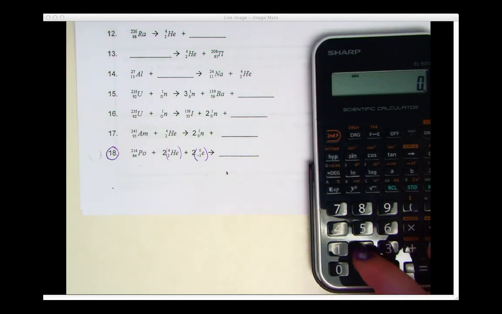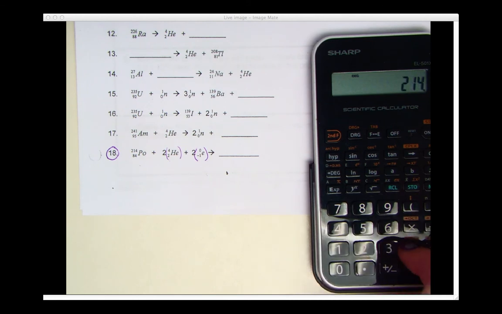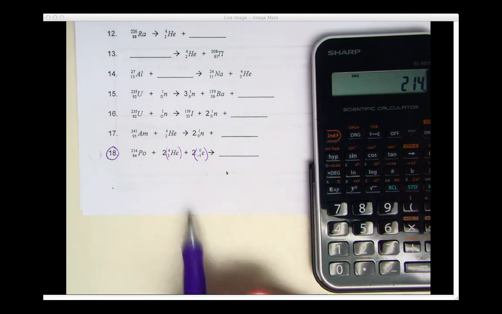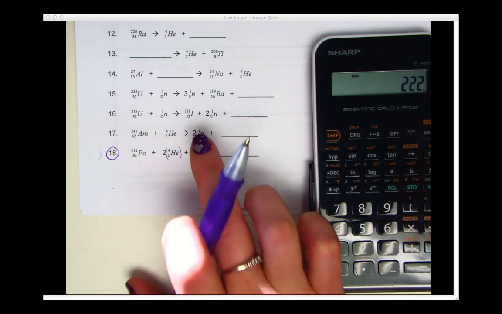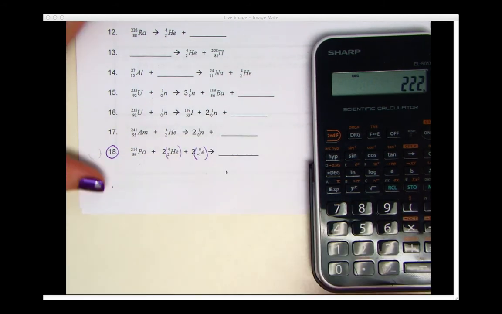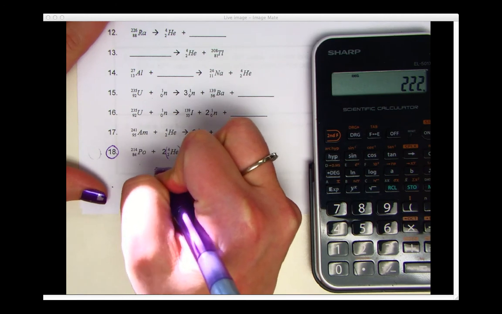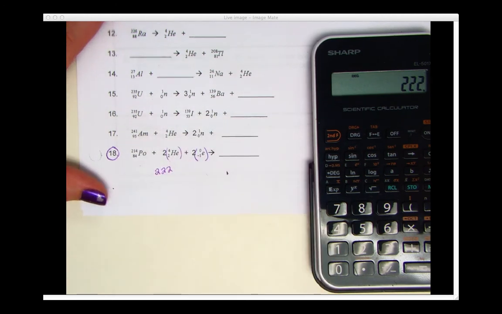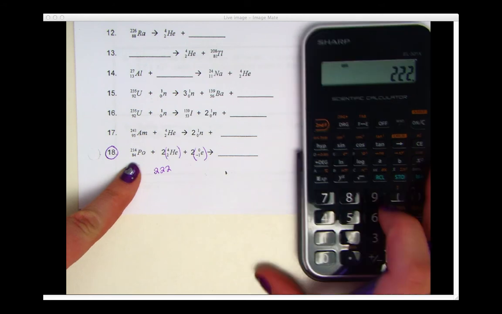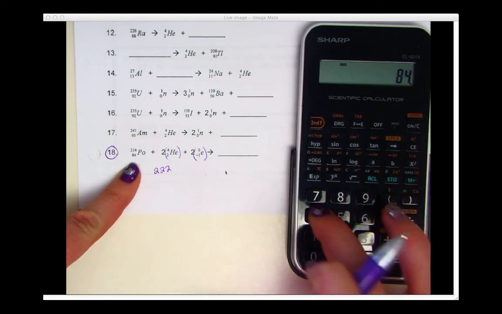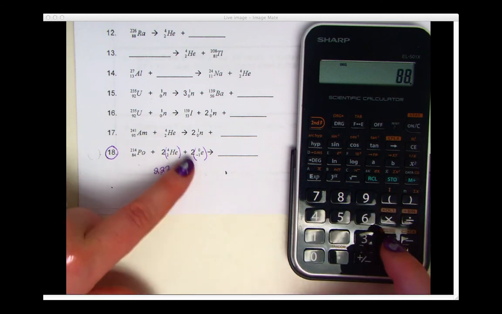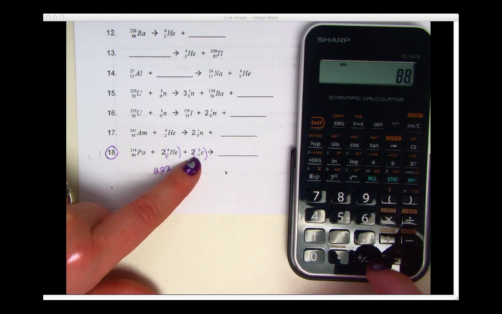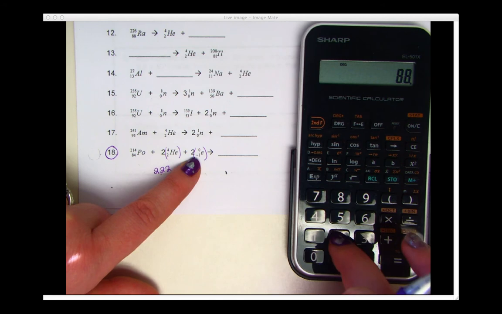I'm going to have 214 plus 2 times 4, which is 8, plus 2 times 0, which is 0. So our total mass is going to be 222. For our protons, we're going to have 84 plus 2 times 2, which is 4, plus 2 times negative 1, which is negative 2.